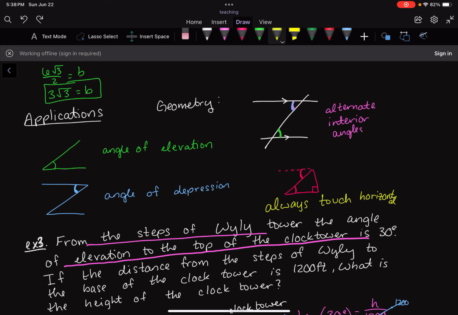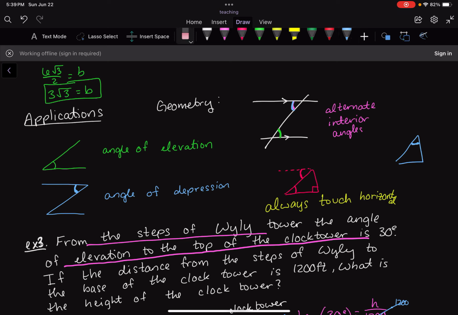Remember that these angles are equivalent to each other, and they should always touch the horizontal. So for angle of depression, sometimes I'll have people draw their triangle and they put the angle of depression right here. That is incorrect. I know it's incorrect because it's not touching the horizontal.